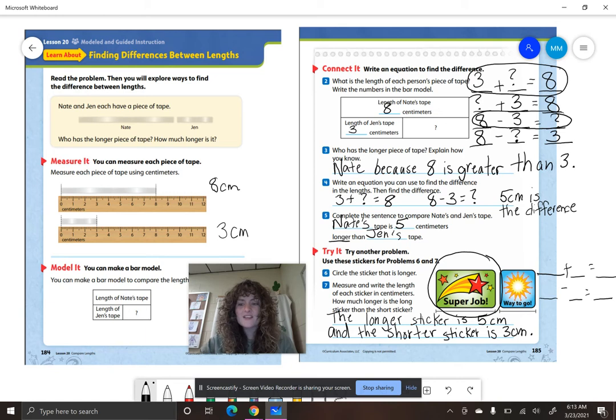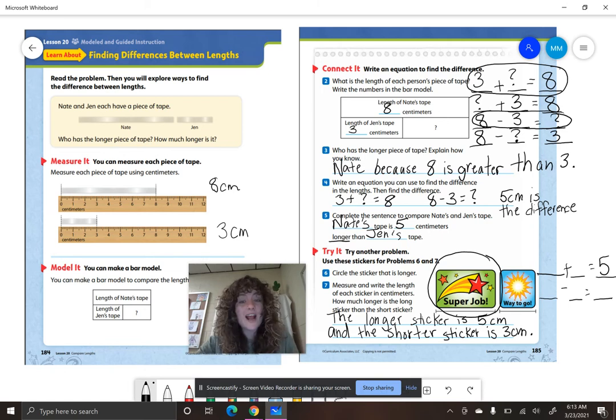All right, so we know that we are comparing these lengths. So which length was the longer length? 5 centimeters. So 5 centimeters is going to be our whole. So in our addition equation, remember, if our whole follows the equal sign. So we know that 5 is the whole that we are comparing.